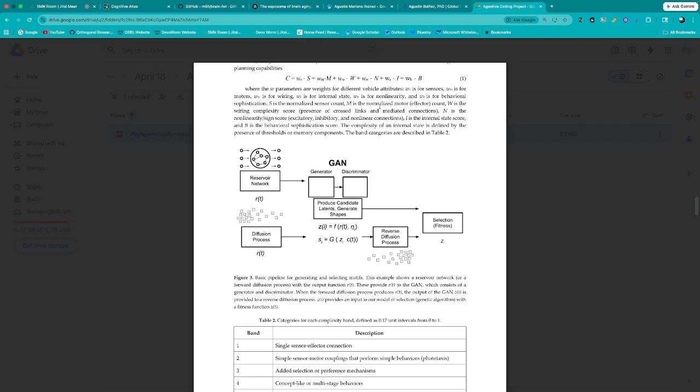And then the final step was to take that output and apply a genetic algorithm that applied a fitness or selection criterion. There were two selection criteria.